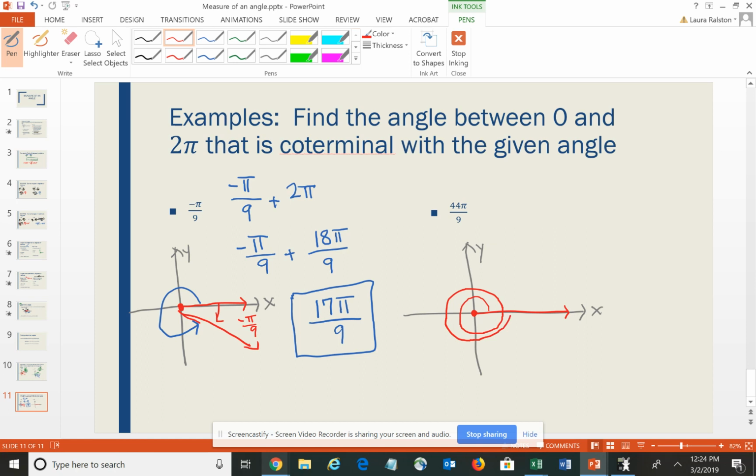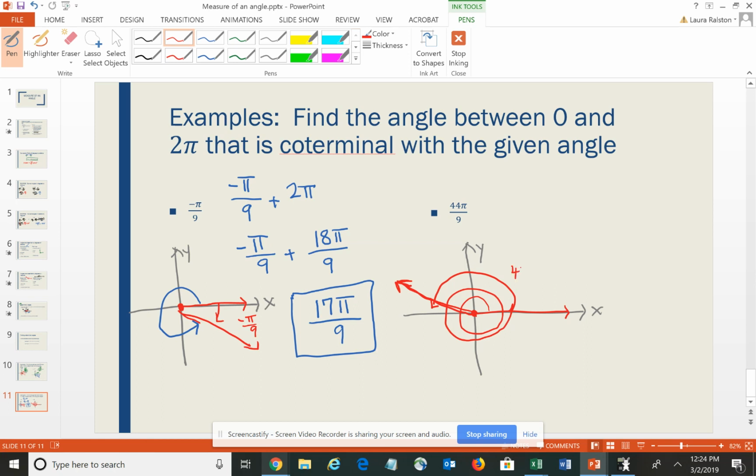A second full revolution would be 36. And I need a little bit more. I need 8 more. So that's going to give me 36 and 8 ninths. I'm going to be almost back around here, about another half revolution. So for 44 pi ninths, I've actually made 2 full revolutions.